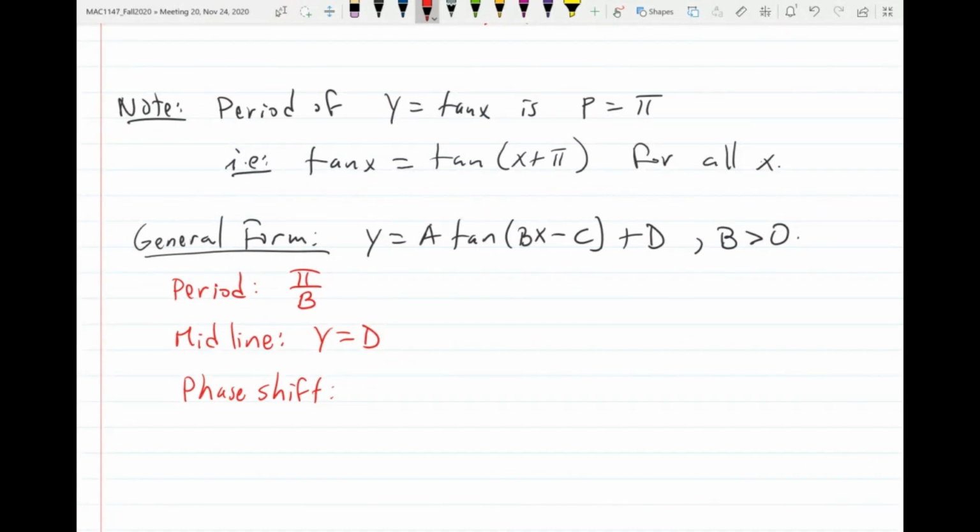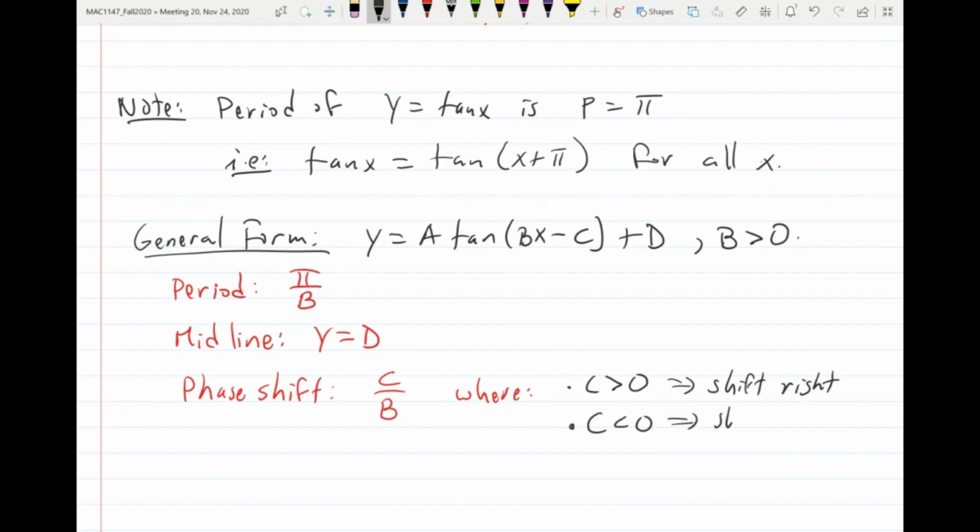And then the phase shift is going to be the usual one, okay? It's going to be c over b. And then remember, if c is positive, then you shift to the right. If c is negative, then you're going to shift to the left.